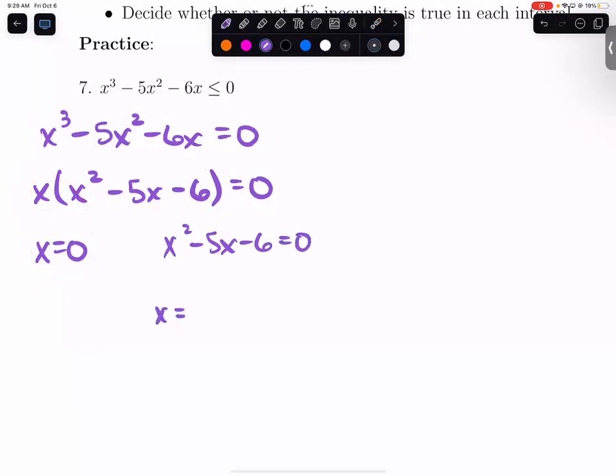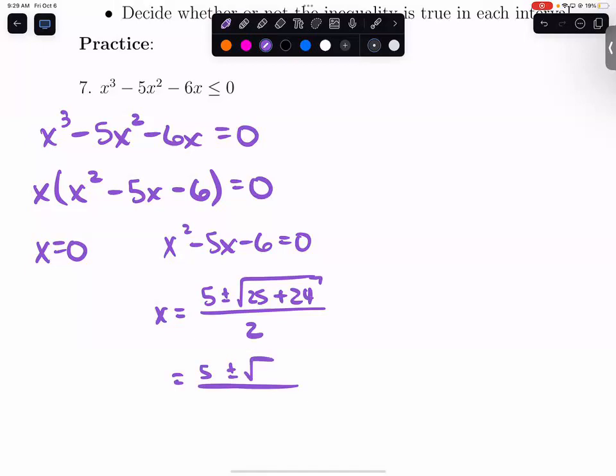So negative b, squared minus 4 times 1 times negative 6, so plus 24, all over 2. So 5 plus or minus 7.